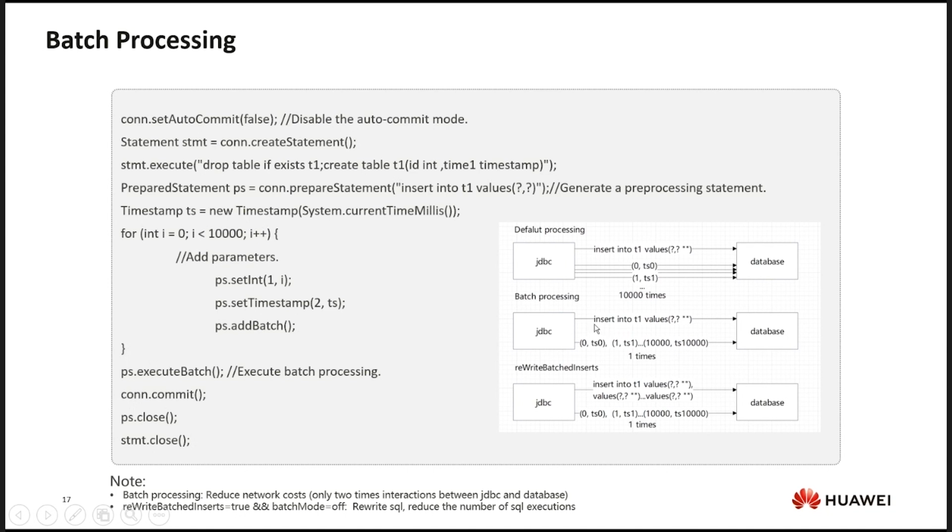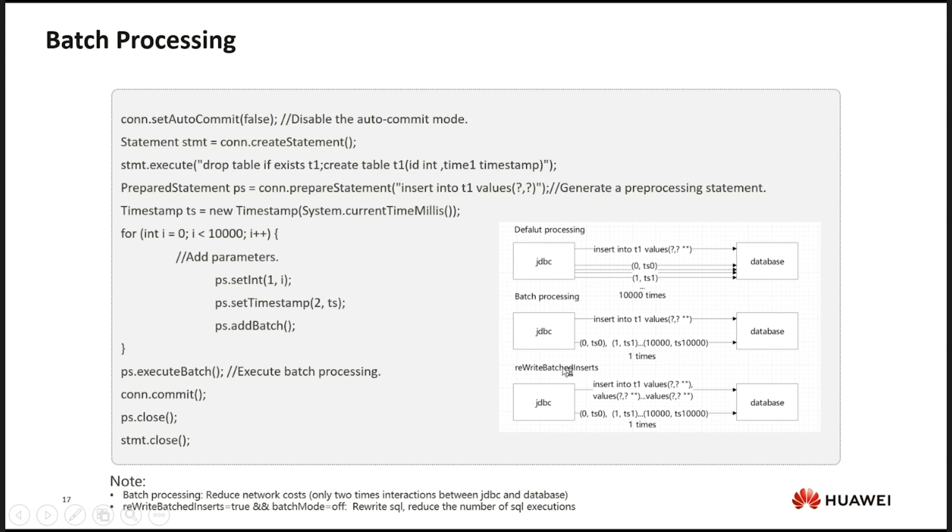Just the first time, it will send the insert into table 1 values. Then all those binding values will be sent at once. There are no more 10,000 message sends; inside there is just 1 time. And finally, you have another choice: we provide a parameter named rewriteBatchedInserts.